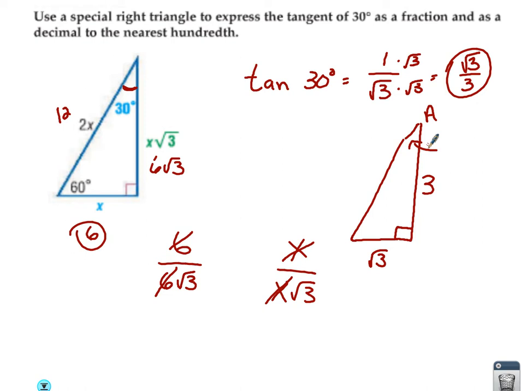Do we know how big that angle is? 30 degrees. Because if the tangent is equal to root 3 over 3, we know the angle is 30, because the only time that tangent is equal to root 3 over 3 is if the angle is 30. So that's where we're headed with it. If we know what the ratio is, then we can figure out what the angle is.